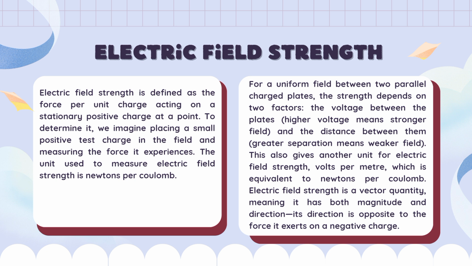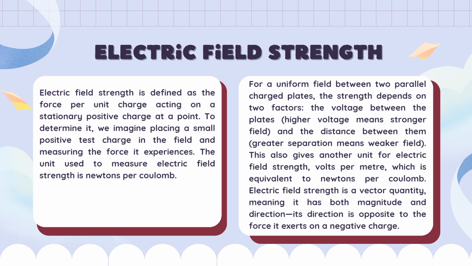For a uniform field between two parallel charged plates, the strength depends on two factors. The voltage between the plates: higher voltage means a stronger field. And the distance between them: greater separation means a weaker field.